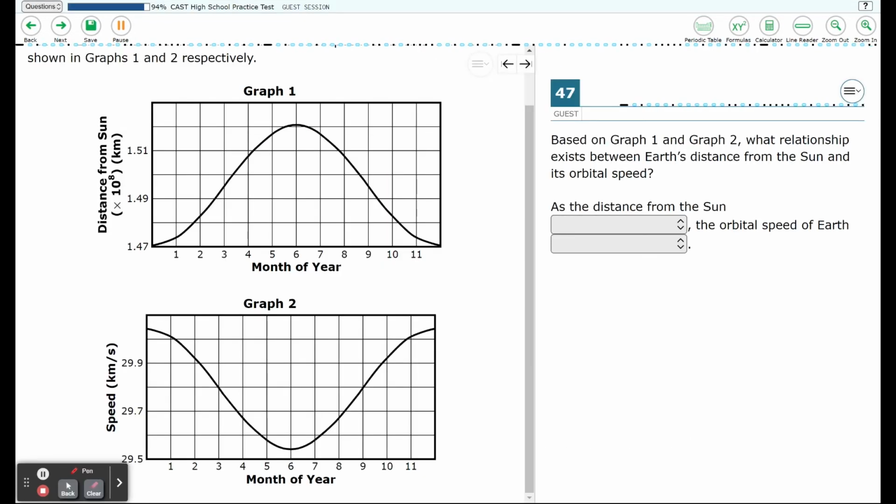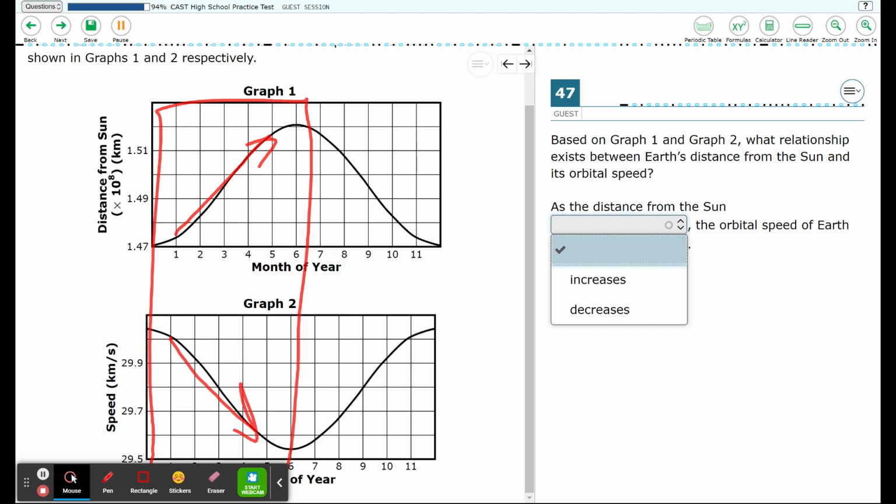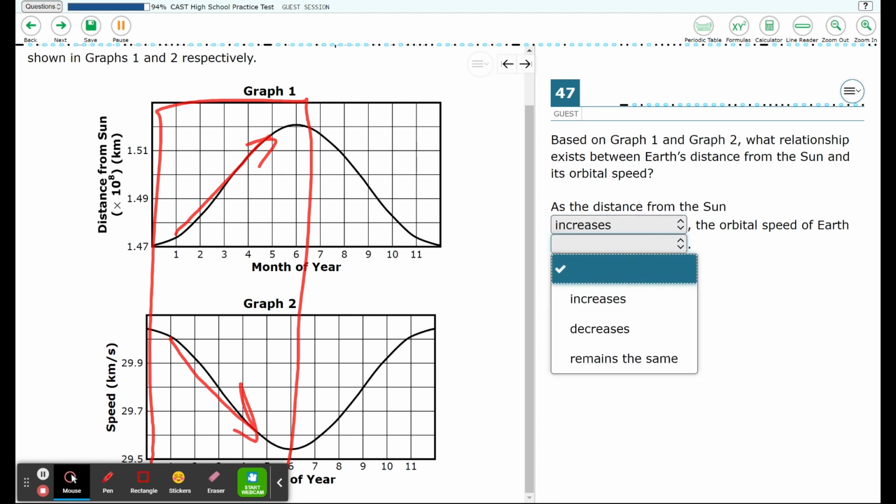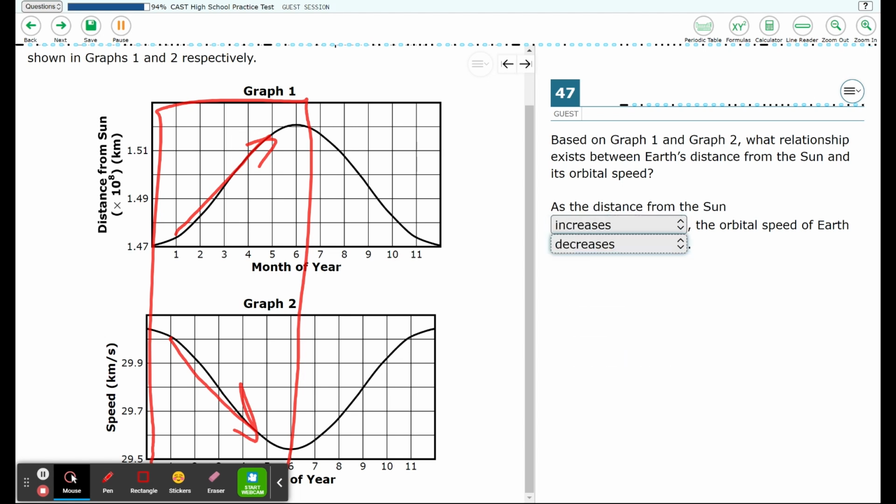All right, so as we take a look at this, the distance from the sun and the orbital speed, let's look to begin with at the first 6 months. We can see as the distance from the sun increases, the orbital speed of the Earth decreases. So we can choose distance from the sun increases and orbital speed decreases. But wait, there's another option.